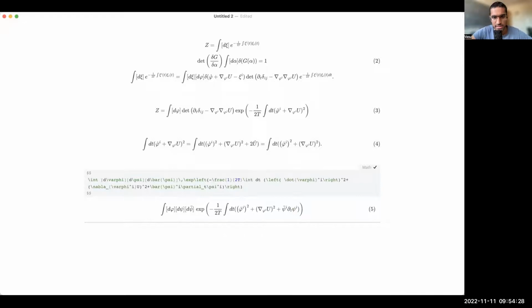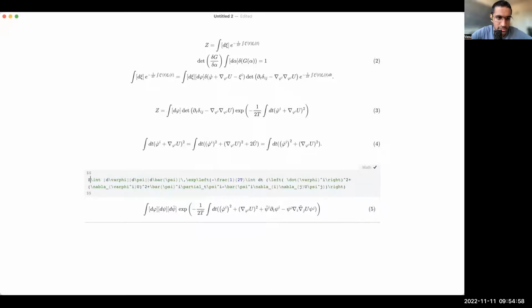So this is a nice kinetic term. And in addition to that, we're going to have minus bar psi i nabla i nabla j u psi j. Perfect. So we have an action involving both bosonic and fermionic parts.